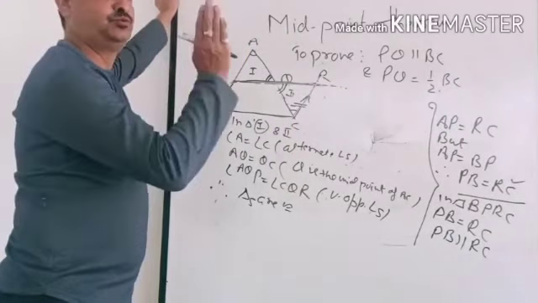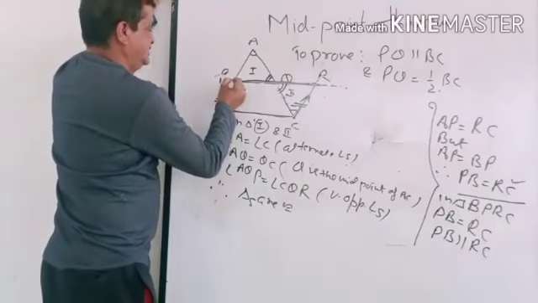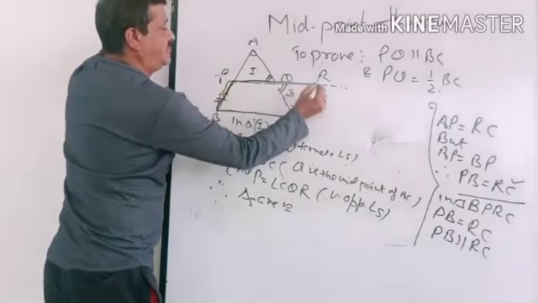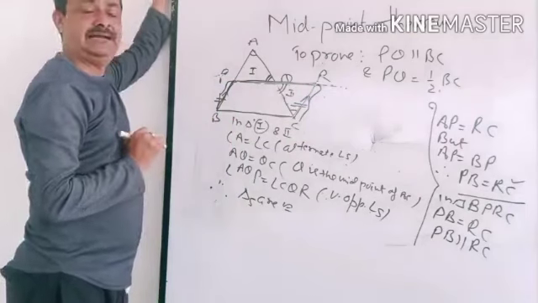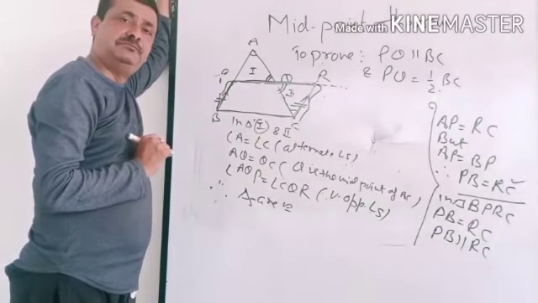So if it happens with any quadrilateral, that is known as a parallelogram. To prove any quadrilateral is a parallelogram, if you prove any pair of opposite sides is equal and parallel to each other, that quadrilateral will be a parallelogram.